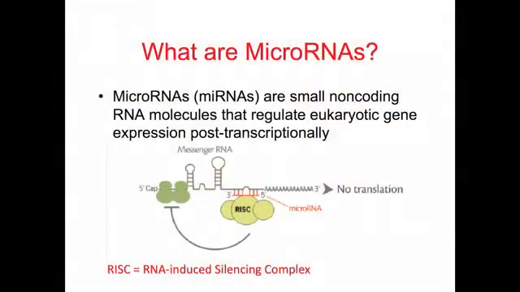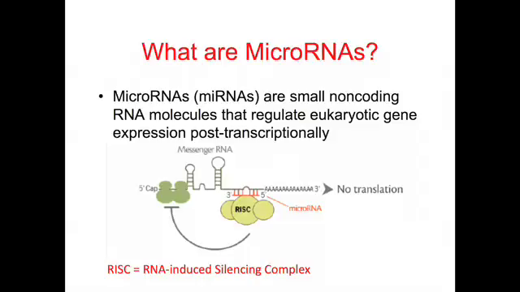Now, I'm going to switch gears to talk about another level of post-transcriptional regulation, which is at the level of microRNA regulation. So what are microRNAs? MicroRNAs are small non-coding RNA molecules that regulate eukaryotic gene expression post-transcriptionally.